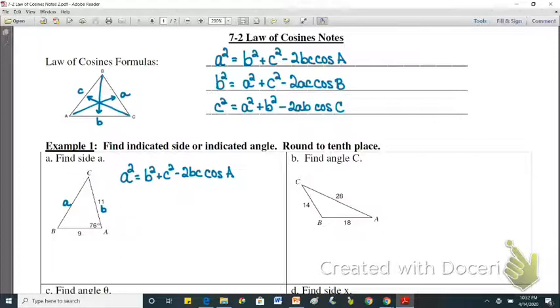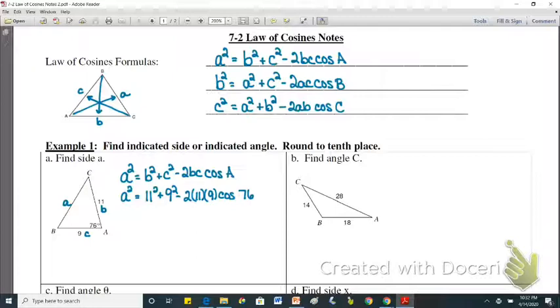This is my B, this is my C. Now I'm going to just plug in. So I get A squared equals 11 squared plus 9 squared minus 2 times 11 times 9 times the cosine of 76 degrees. Again, remember your calculator needs to be in degrees.